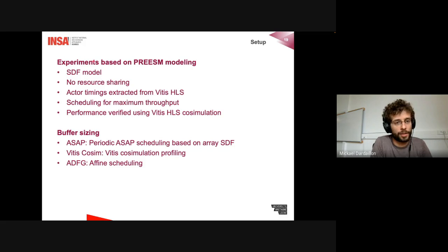But the setup is that we based our experiment on PRISM modeling. So we are using an SDF model with no resource sharing. That means that each actor has its own kernel, its own hardware, and they're all running in parallel. Actor timings are extracted from Vitis high-level synthesis, which feeds the model for scheduling for maximal throughput. And the performance was verified using Vitis HLS co-simulation.